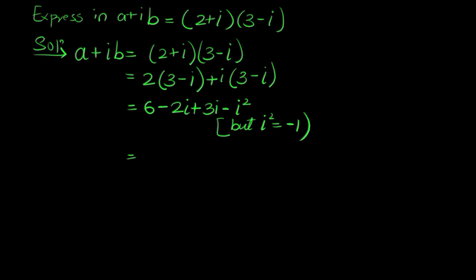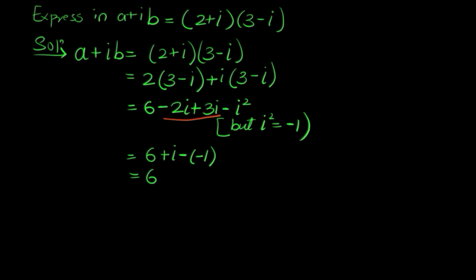Therefore we put the value of i square: 6 minus 2i plus 3i, and minus i square becomes plus 1.